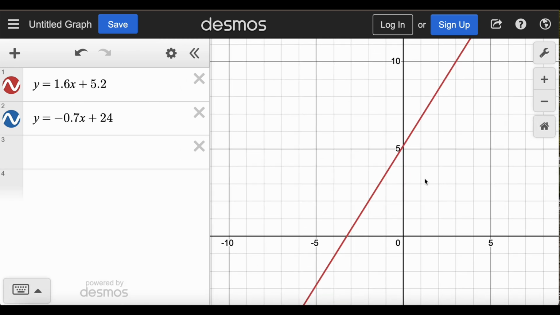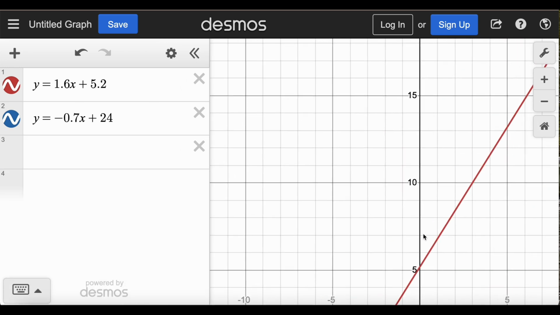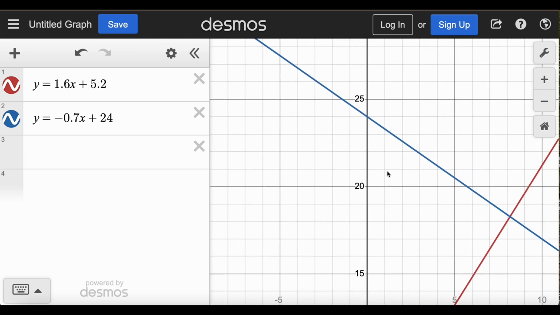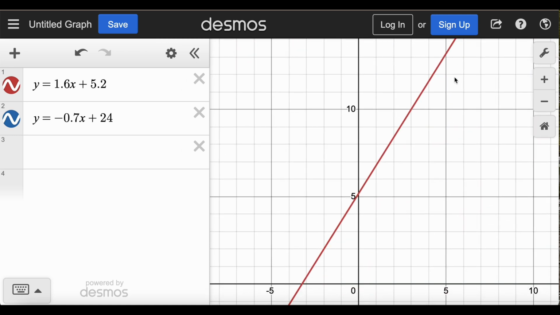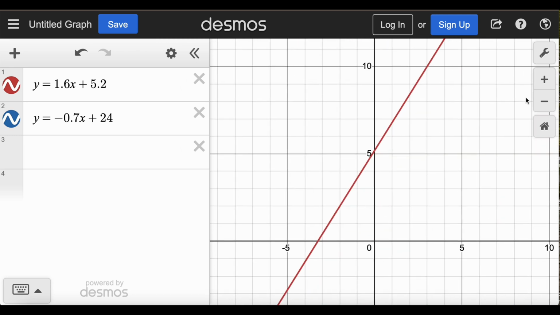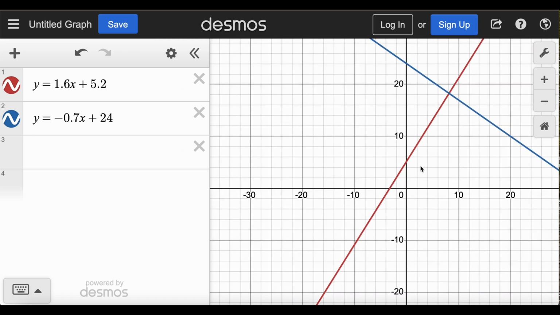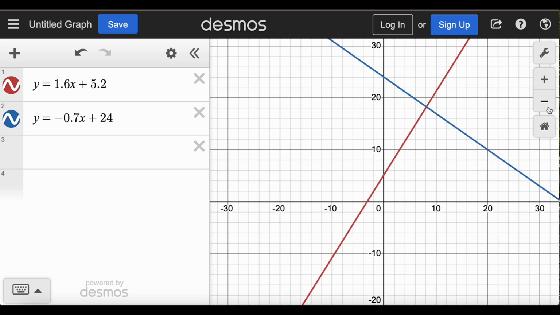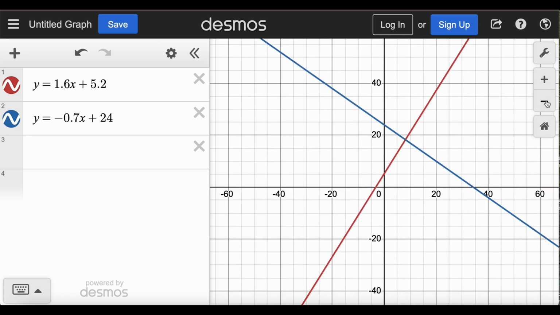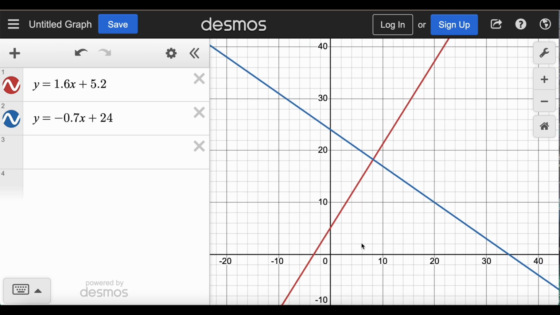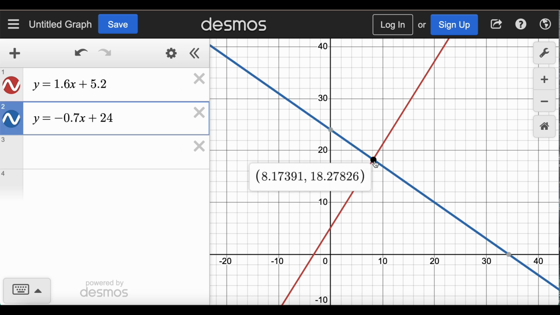You might be wondering, I only see one line. Why is that? Well, the other one, if you look, is all the way up here. So on a tablet, you can just scroll around and pinch to zoom. On a computer, you can also pinch to zoom, or use the plus and minus to zoom in and out. Now on Desmos, they make it really easy to see the intersection. All you have to do is take your cursor and click over where the two graphs meet.